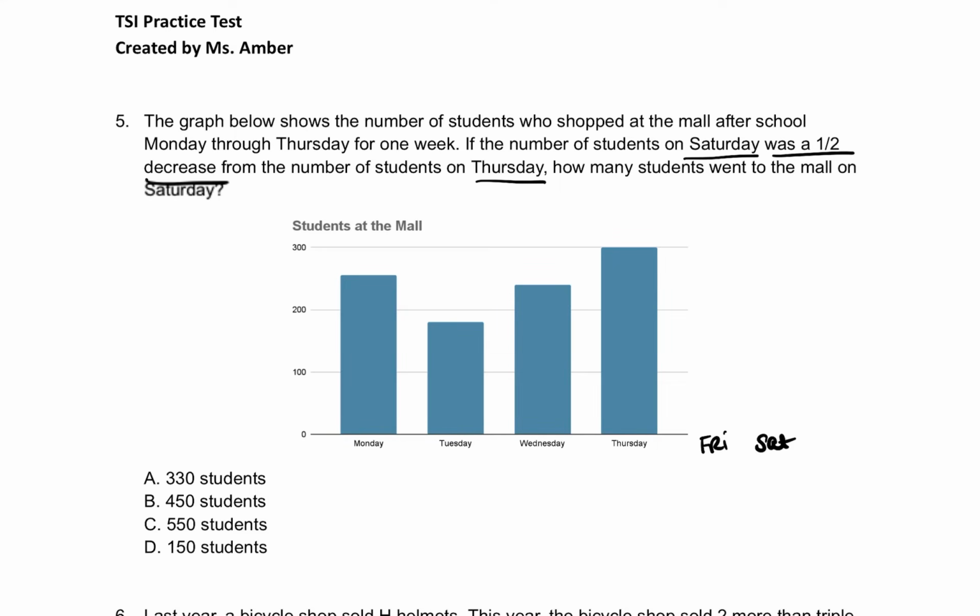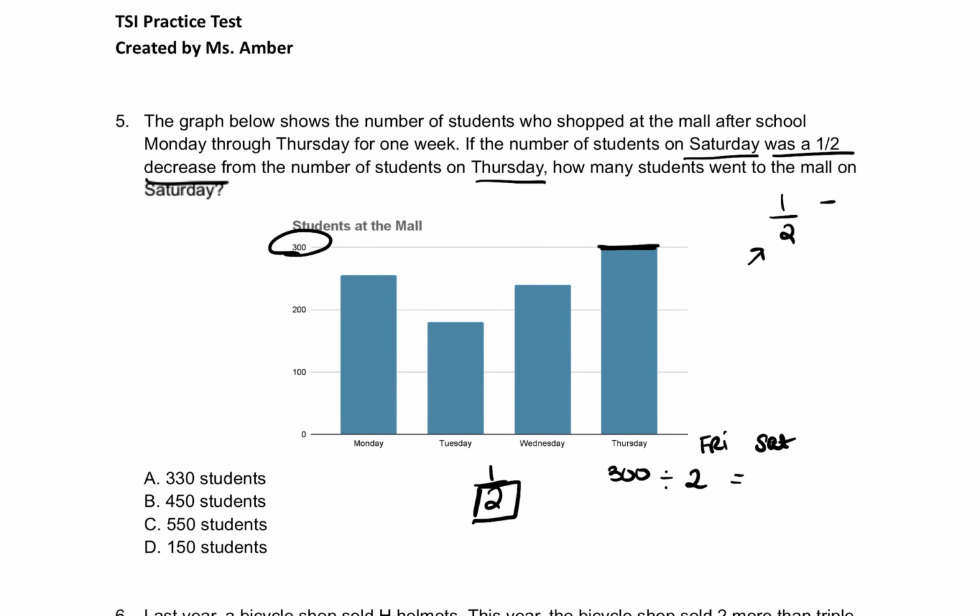They're saying that Saturday was a 1/2 decrease from the number of students on Thursday. Again, the number of students on Thursday remains the same, 300. But now we have to figure out what 1/2 would be. Remember what I told you: you take the denominator of the fraction and divide by that number.